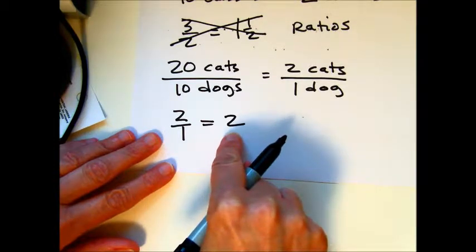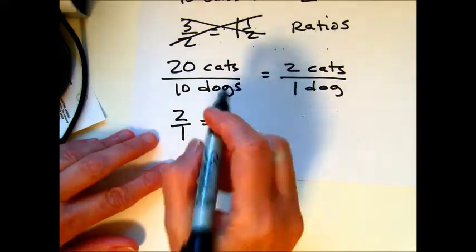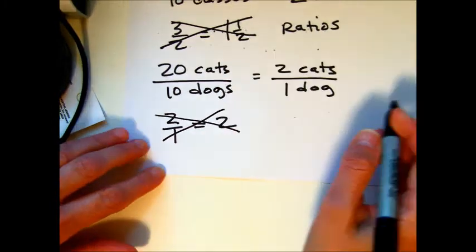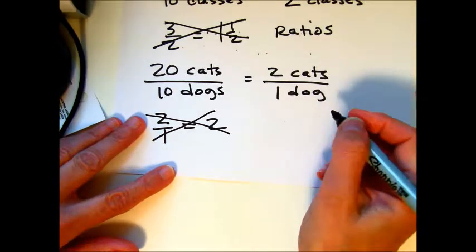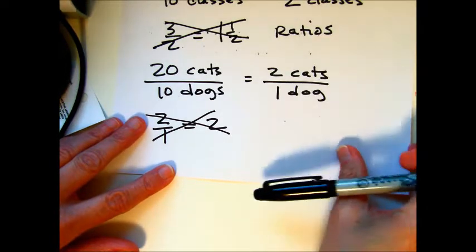I'm now only saying 2 cats. I've thrown out the dogs. And so when you say 2 cats, it's lost some of its meaning. So you don't want to convert to a mixed number or an improper fraction when dealing with ratios.